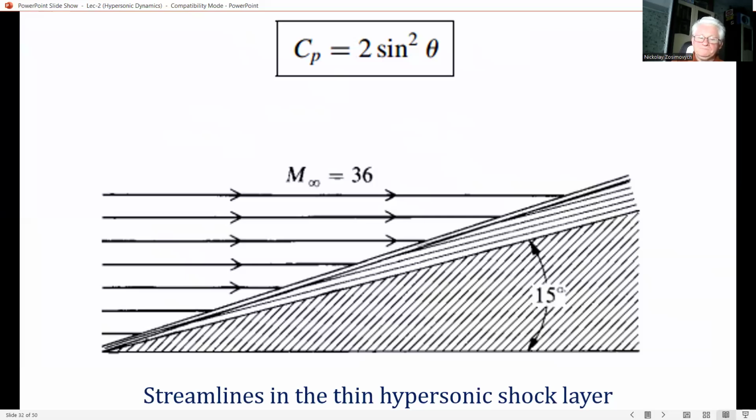Newton's model had to wait for more than 2.5 centuries before it came into use. By this reasoning, the equation on the top, Cp proportional to 2 sine squared theta, should approximate the surface pressure coefficient in hypersonic flow. And indeed, it has been used extensively for this purpose since the early 1950s.